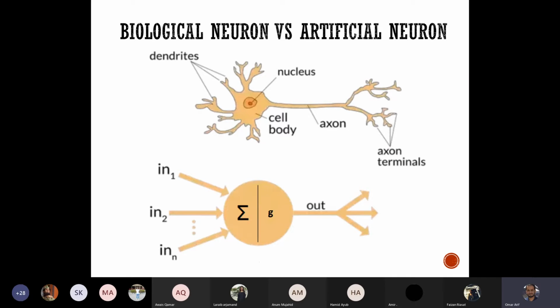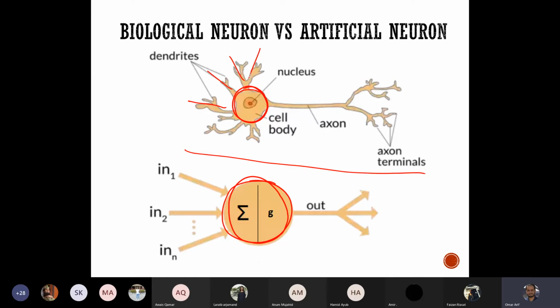And briefly, let's look at the similarities between the biological neuron and the artificial neuron that we just discussed. So basically this artificial neuron is modeled after the biological neuron. The basic building block of the brain is also a neuron, which is shown here in a very simplistic way. This is your cell body, okay, our neuron.